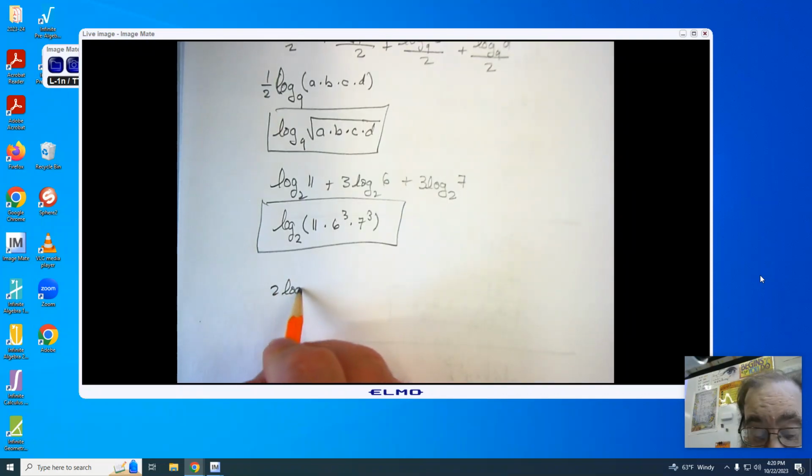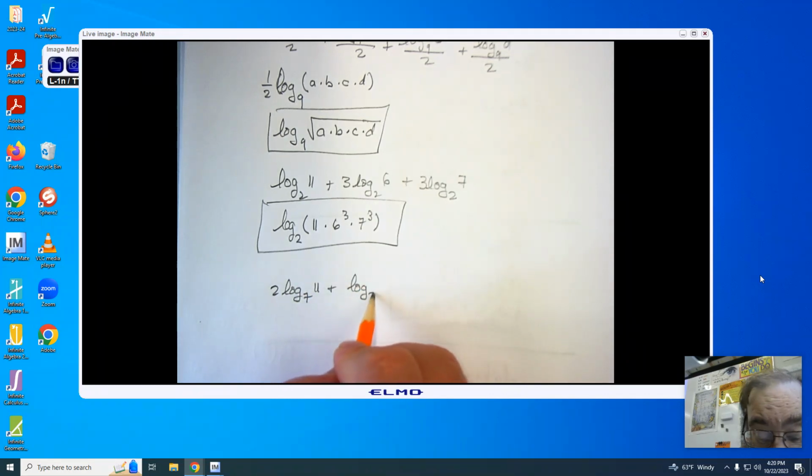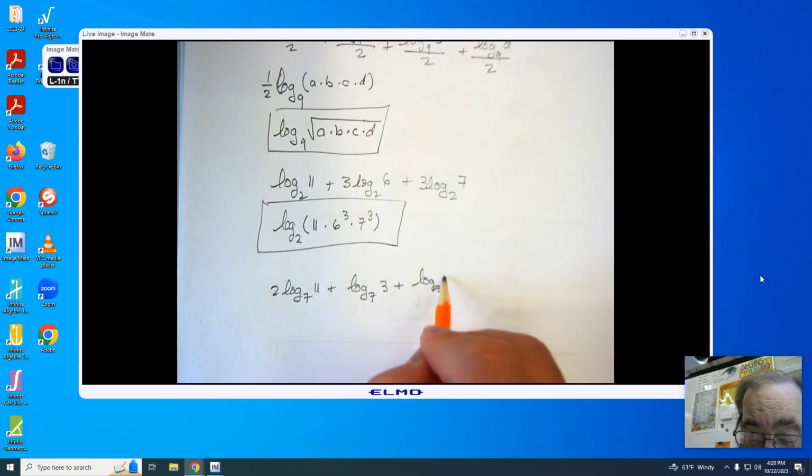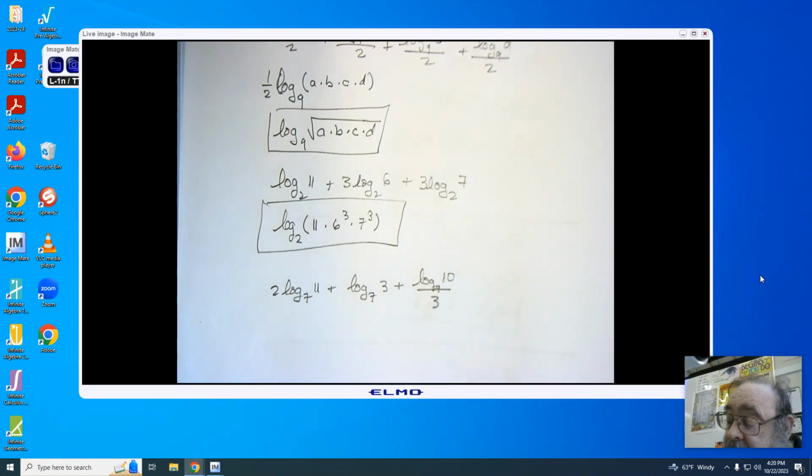2 log base 7 of 11 plus log base 7 of 3 plus log base 7 of the cube root of 10, or 10 over 3. Notice the base is still the same in each case. This is actually a hidden power.